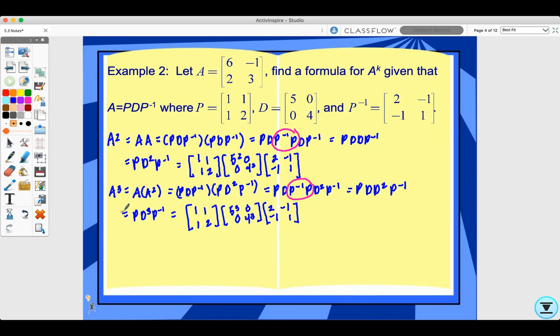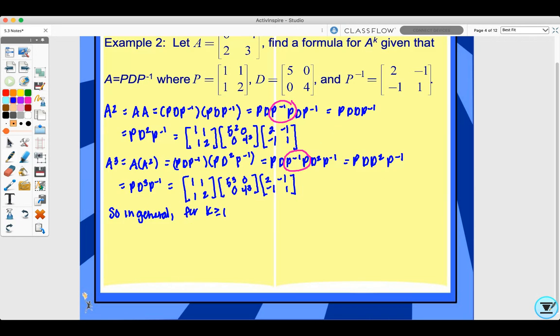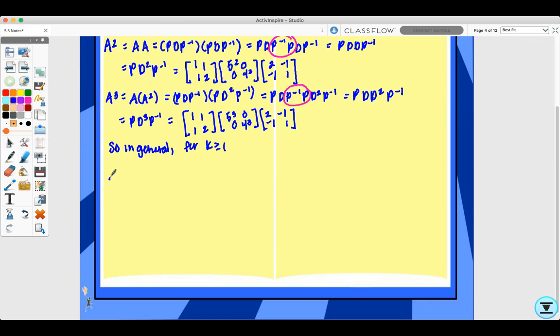So in general, for k greater than or equal to 1, A to the k would equal P D to the k P inverse. So using this, we would have 1, 1, 1, 2, times 5 to the k, 0, 0, 4 to the k, times 2, -1, -1, 1.